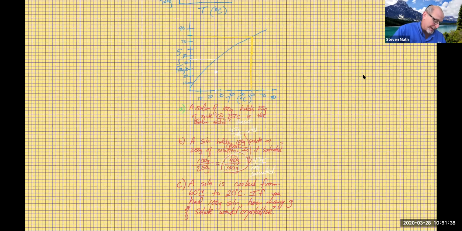Pretty close to 80. Okay. And at 20 degrees, these are my 2 temperatures I was given. The amount that recrystallizes is right there.